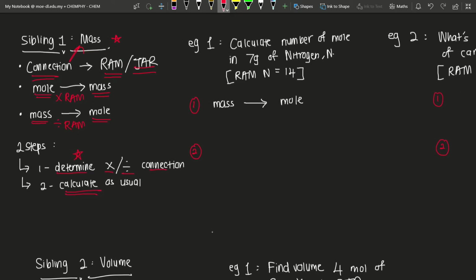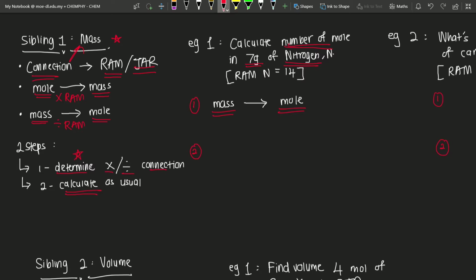This question asks us, calculate number of mole in 7 gram of nitrogen N. So, you guys, kalau baca soalan, kita ada jisim nitrogen. Sorry, we got the mass for nitrogen. Soalan minta mole. So, you got the mass. The question asks you to find mole. Mass converted to mole.